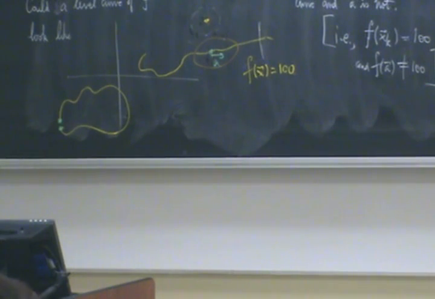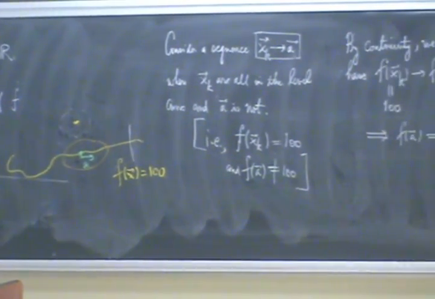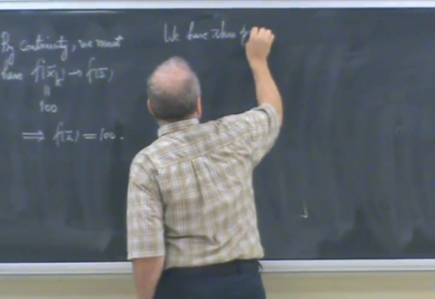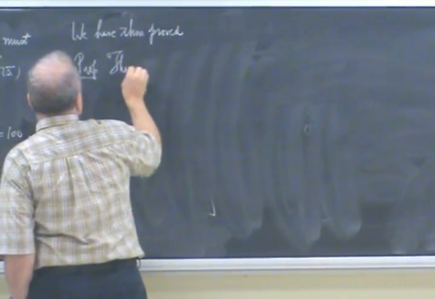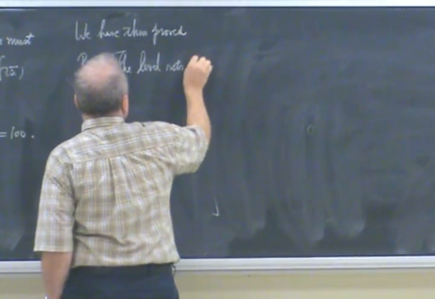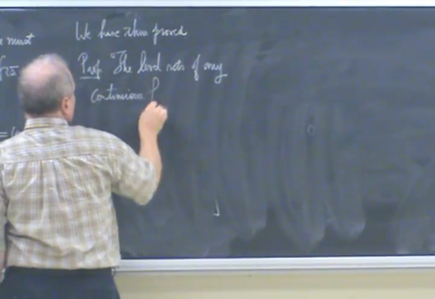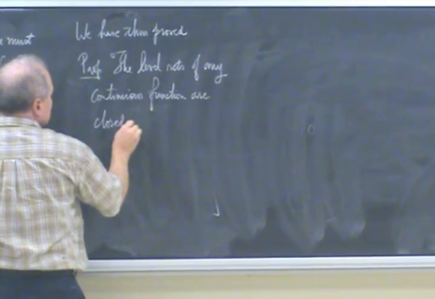What did we just prove about level sets of a continuous function? What kind of sets are they? Closed. That's what we just proved, and that's going to be super important as we go on later in the semester. So we have thus proved that the level sets of any continuous function are closed sets.